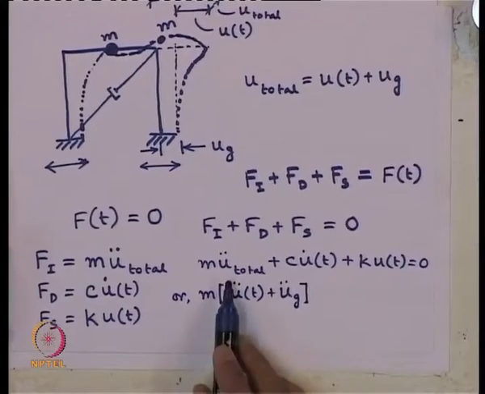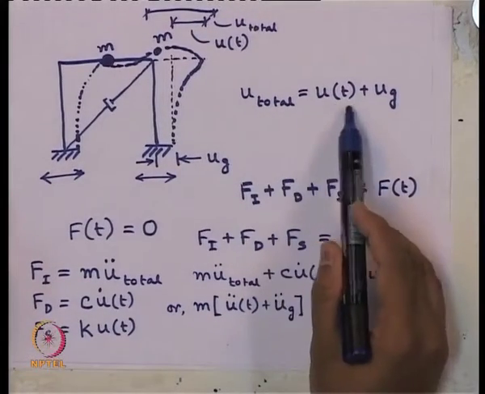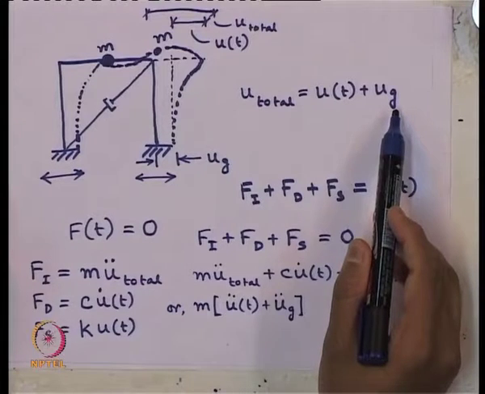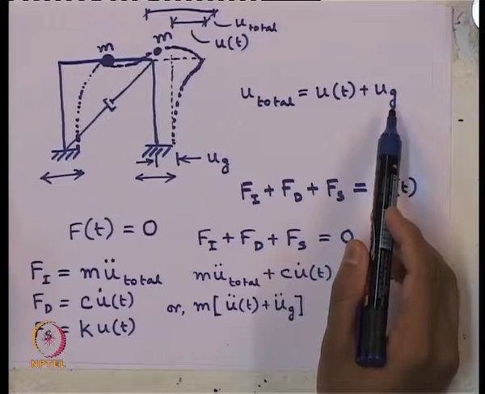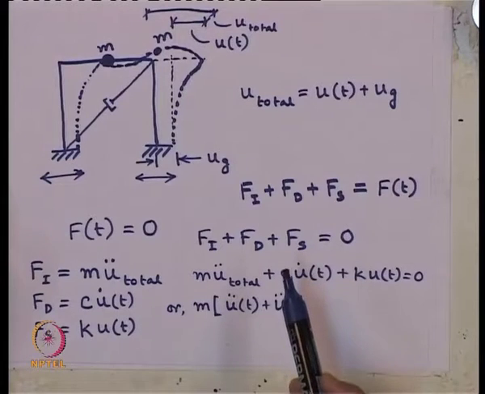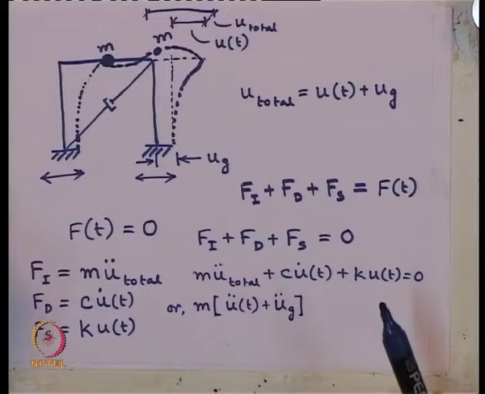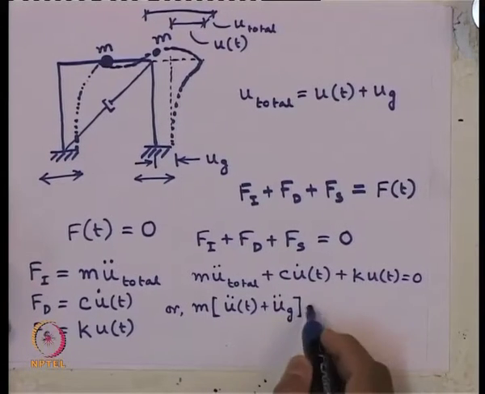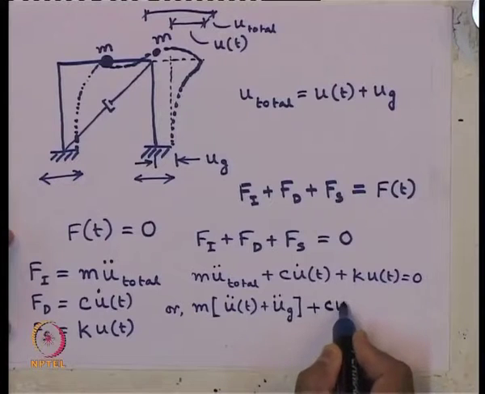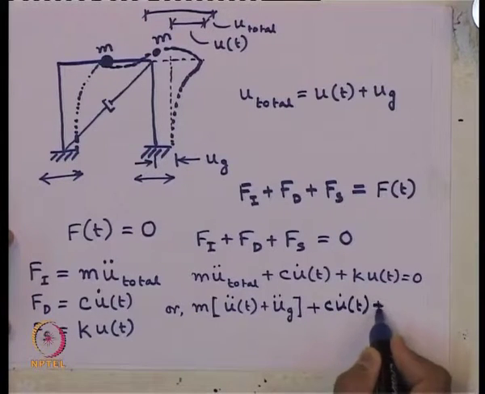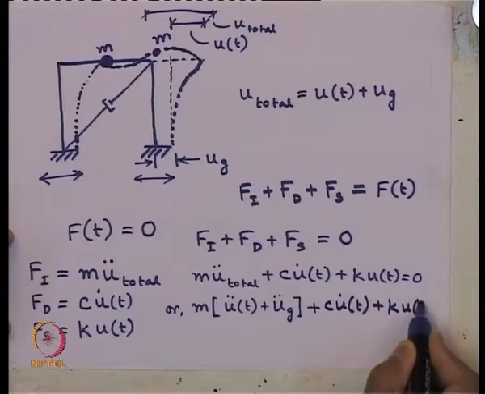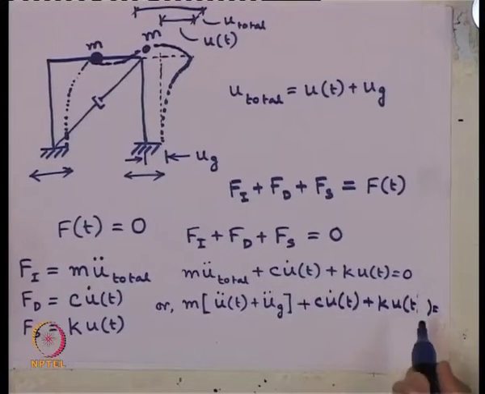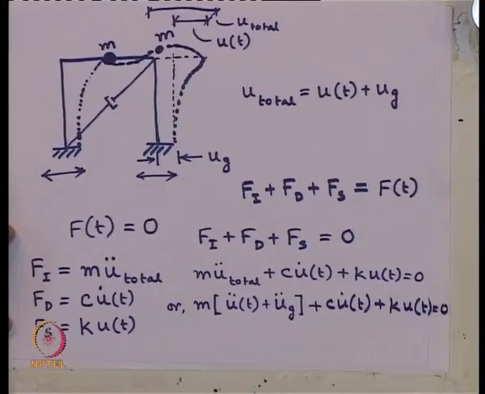Look here, the total displacement was u of t plus u of ground, and that u of ground we can differentiate twice to get the acceleration at the ground, which was actually our input from the earthquake motion. So, in this case it is possible to differentiate. That is why we have written it like this, plus c u dot t plus k u t equals 0.